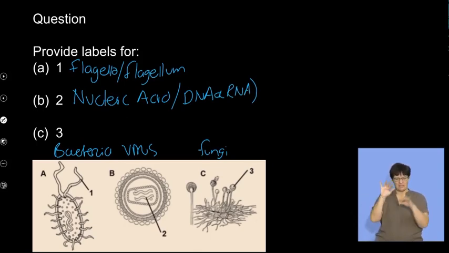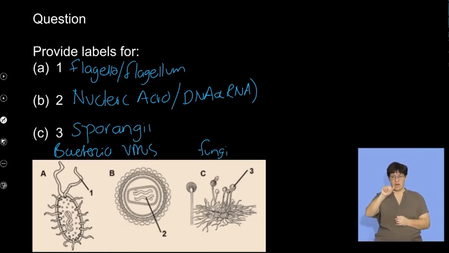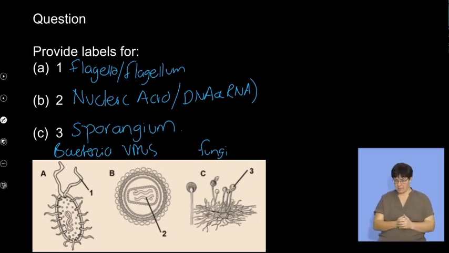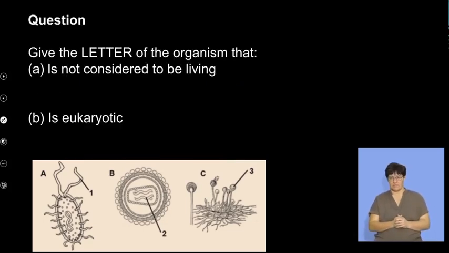It's a really dark color, and it holds spores, so we call it a sporangium. If we go back to all our distinguishing characteristics, remember, you had to know what a simple, typical diagram of each of the microorganisms would be.